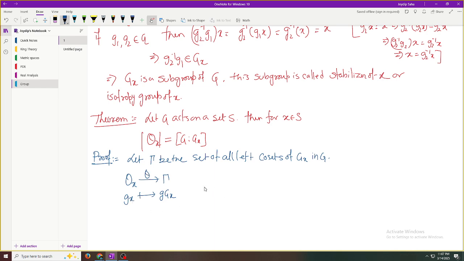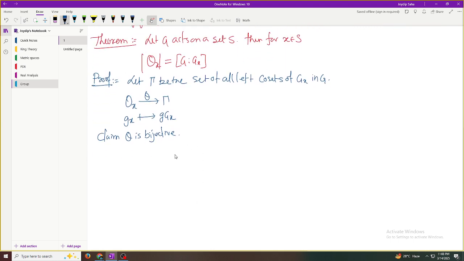Claim theta is bijective. Consider phi: gamma to Ox, gGx goes to gx.